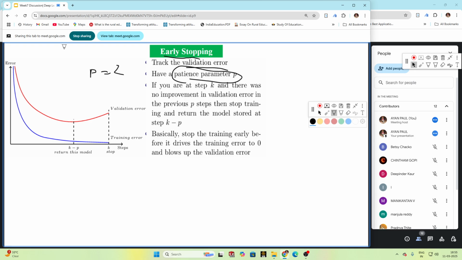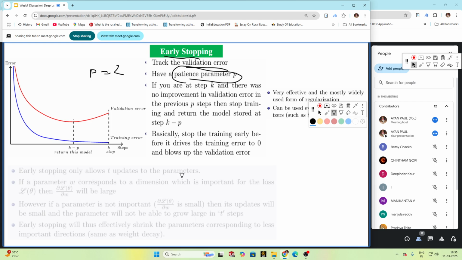It will see that our validation error is decreasing. Now if for two instances it sees that our validation error is not decreasing but rather increasing, it will stop the training at that point only. So this will ensure that our training error will not drive to 0. So this is about early stopping.